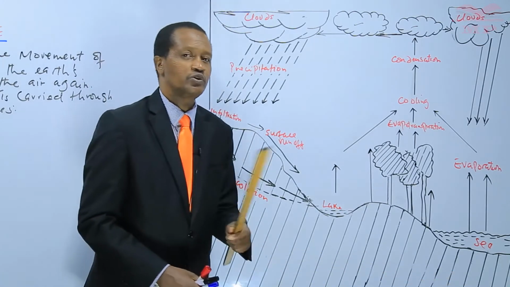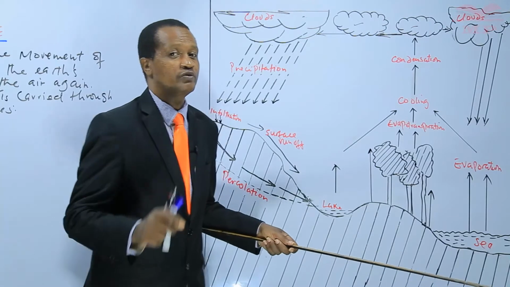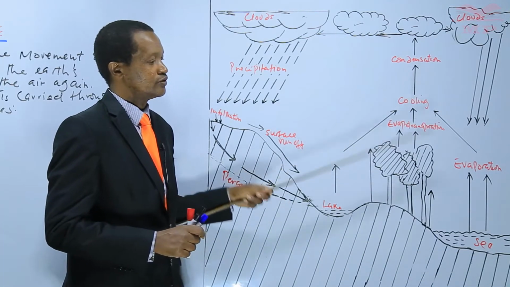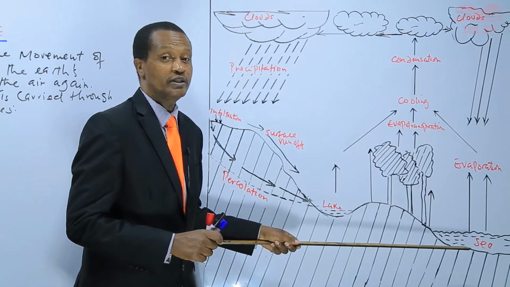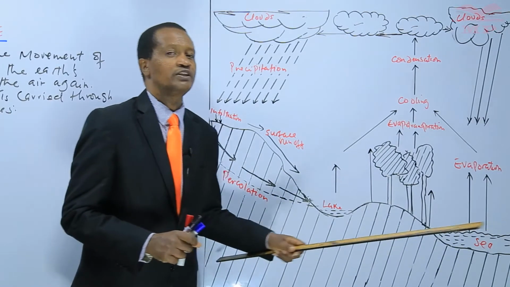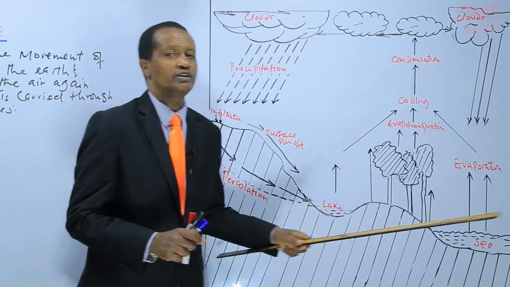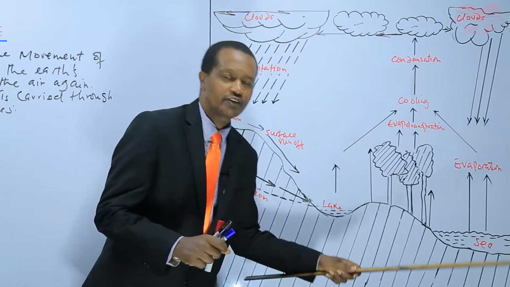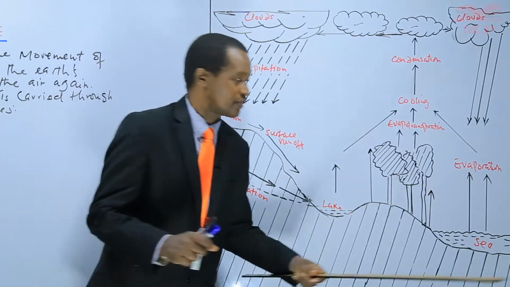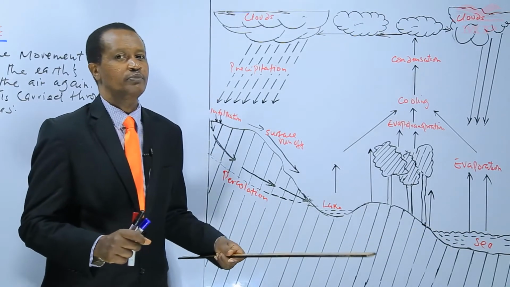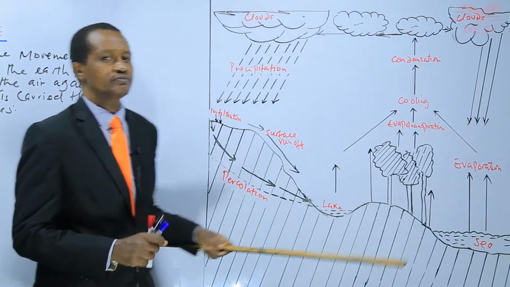It should be very easy for you to understand why 80% of the water that is in the atmosphere is from the oceans, because the ocean covers around 70% or 80% of the surface of the earth, and it is an open surface. So most of the water vapor evaporates from the ocean.